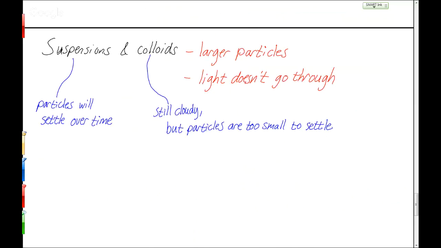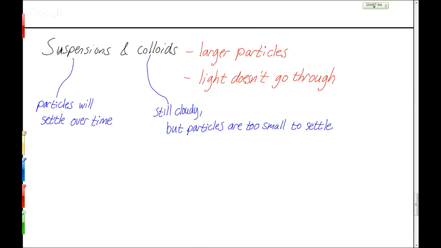They're not in solution, but there's not enough gravity on them to actually get them to settle out. And so something like milk is an example here. Milk, as you get it out of the cow, it was a suspension and will separate, but milk in the store does not. You have to shake milk. It's not like the stuff goes to the bottom. Anybody know why that is? That process is called?